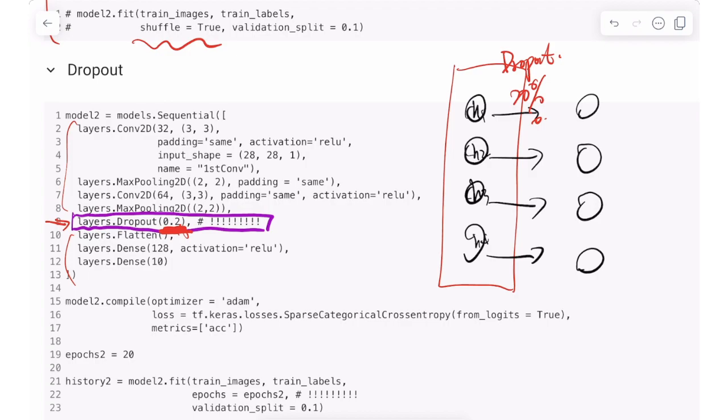That is called dropout. The reason why we use dropout in our neural network is that sometimes some neurons are so strong that you don't need the other hidden neurons to collect information from the previous layer, and maybe their weights are so small.